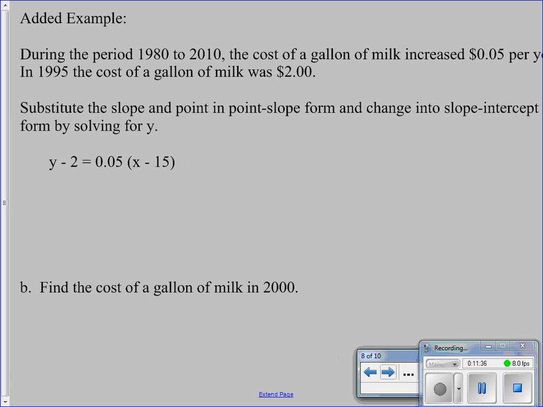So here's my equation again. Now, we've plugged in my value for slope and plugged in my x-coordinate and my y-coordinate to write it into point slope form. Now that I have that equation, I can find the cost of a gallon of milk in year 2000. Well, 1990 is year 0. 2010 is year 30. So 2000 is year 20.